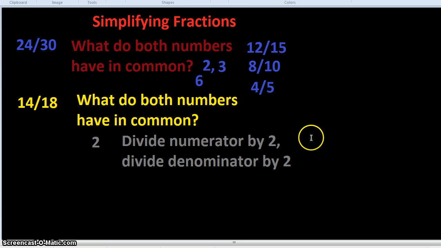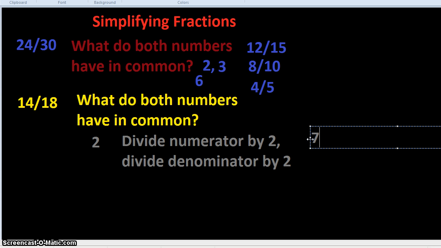What do we get? We get 7 over 9. And actually, we've already done it. That is the simplest fraction we can get it down to, because they don't have 3 in common, they don't have 4 in common. 4 goes into neither of them, actually. So that is the simplest fraction we can get.